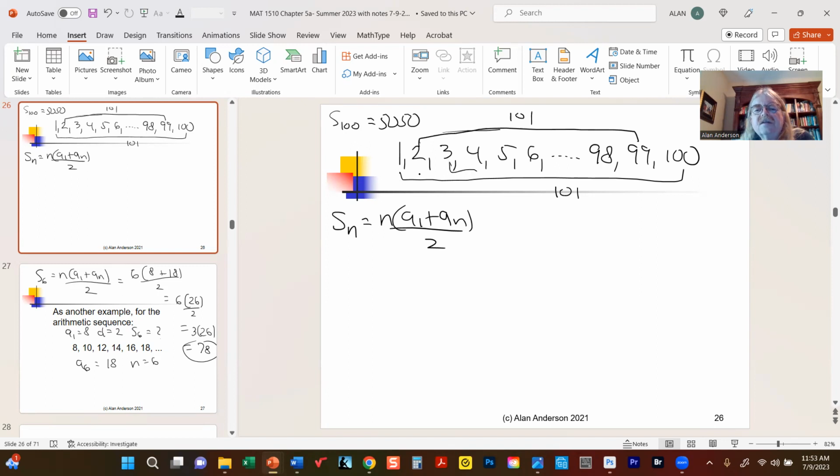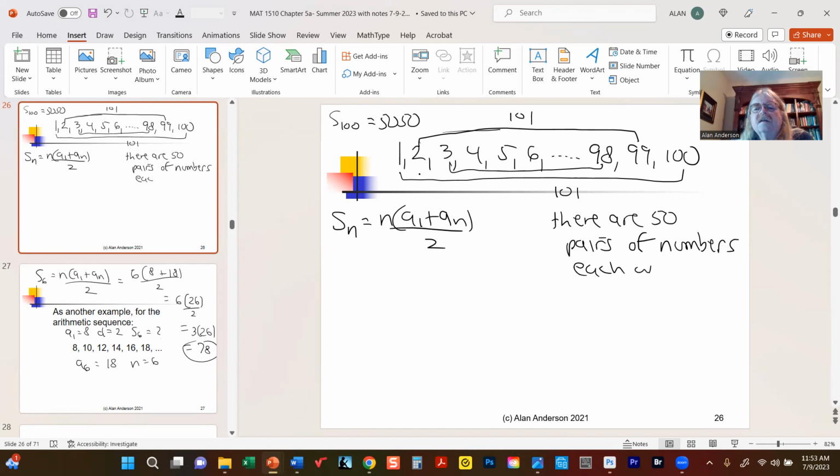And if you keep doing this enough times, we'll see that there are 50 pairs of numbers, each with a sum of 101.